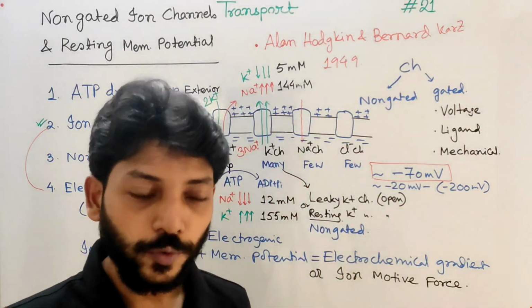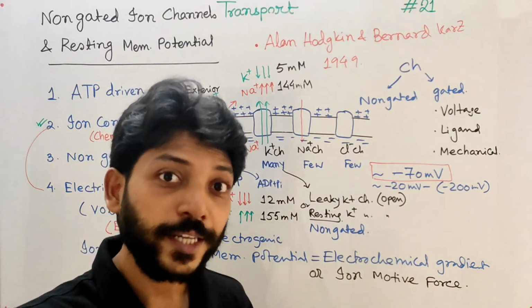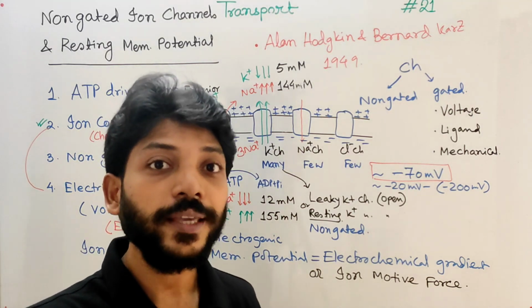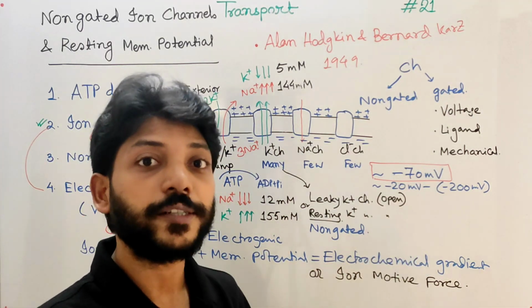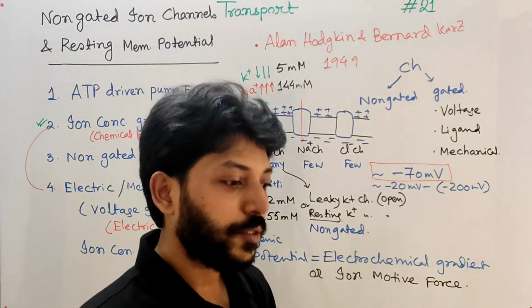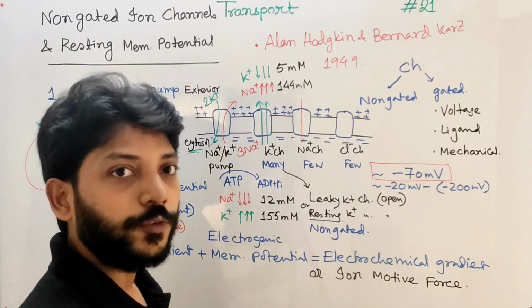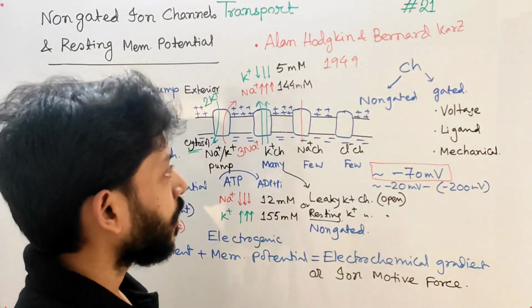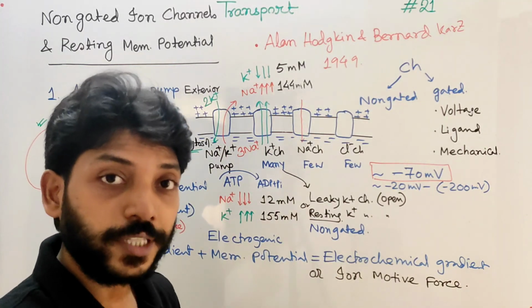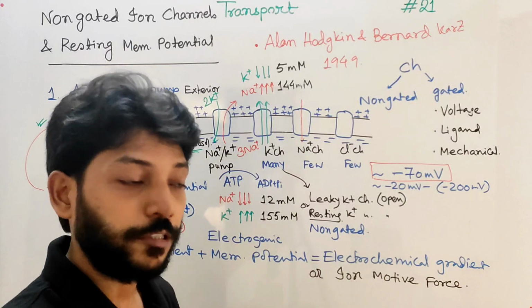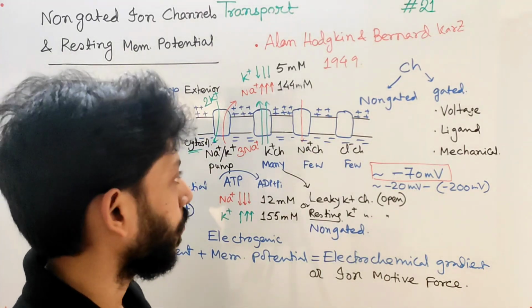They were getting the value by putting in the electrode. Now they asked the question, why this value, why is it generated? They tried to change the external concentrations of ions, to understand which ion is responsible for the generation of the resting membrane potential.